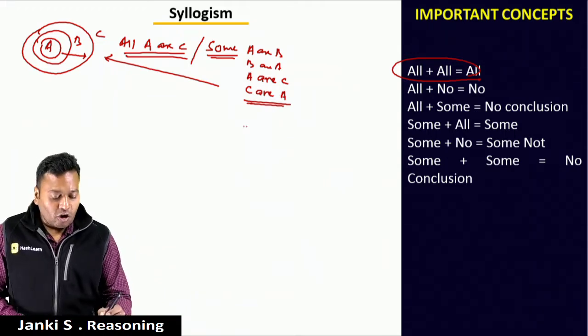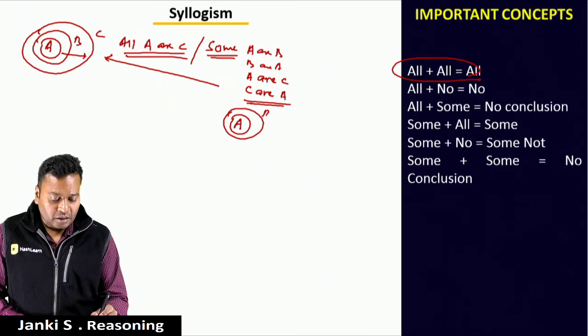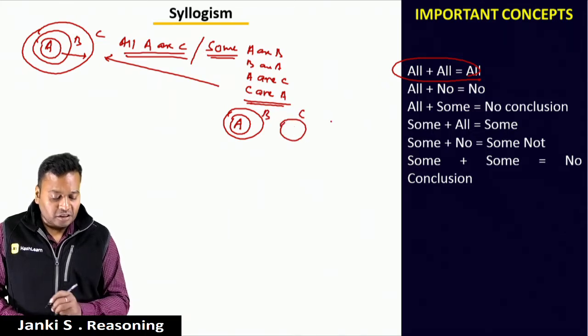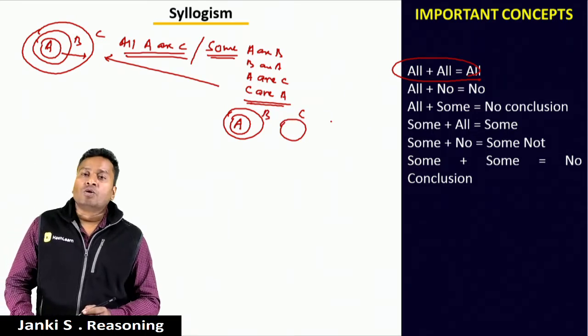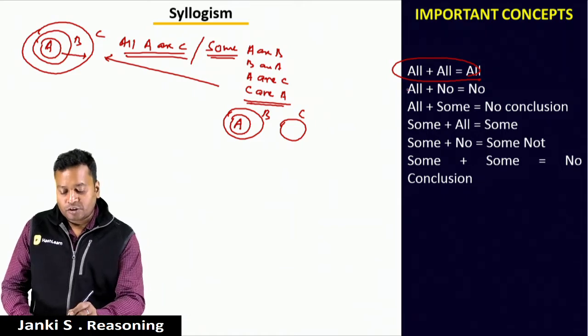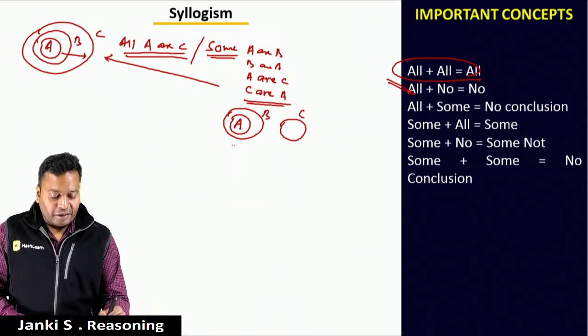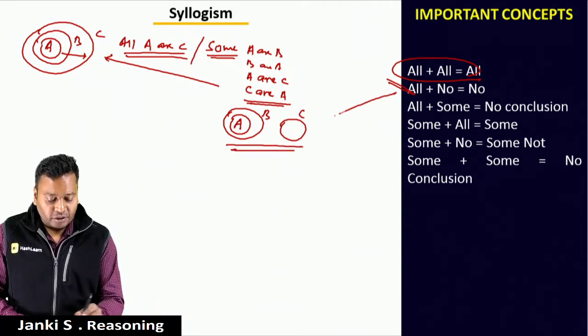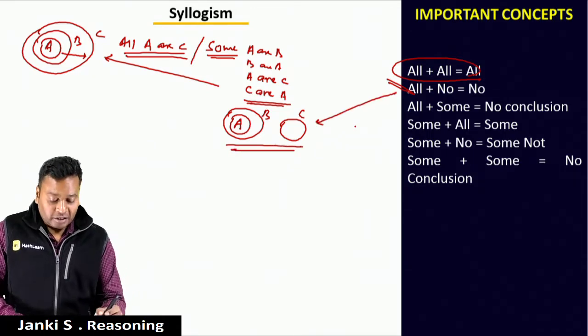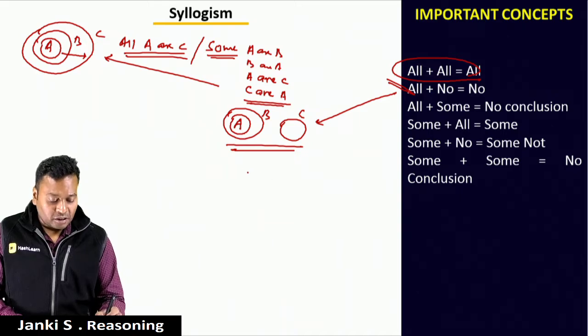Then if I take all and no: all A are B and no B are C, that represents no A are C. So all plus no always gives you no. Same way the third one: all and some.